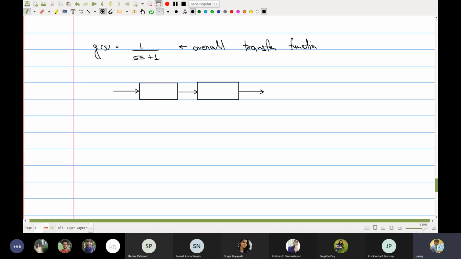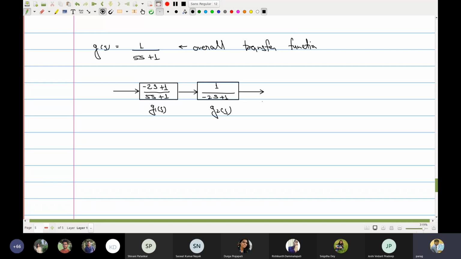The first transfer function is minus 2s plus 1 upon 5s plus 1, a lead lag system. The transfer function of the first component corresponds to a lead lag system, and the second one is a pure first order system. So this is G1 of S and this is G2 of S.